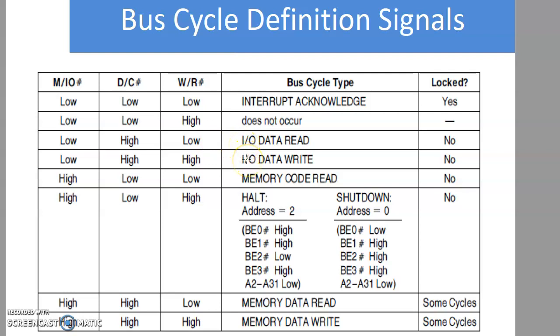Similarly, you have IO data write, memory code read, then M slash IO bar high, D slash C bar low, and W slash R bar high indicates a halt or shutdown depending on the values of B0 bar to B3 bar. M slash IO bar is high, D slash C bar is high, and W slash R bar is low. That means it's a memory data read, or memory data write for the other values of the same signals.